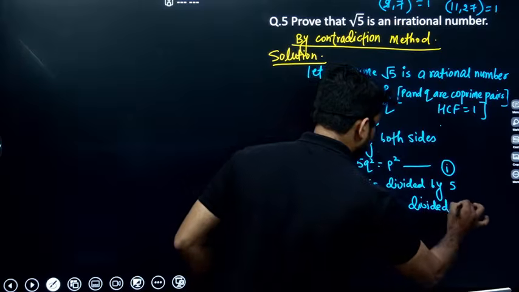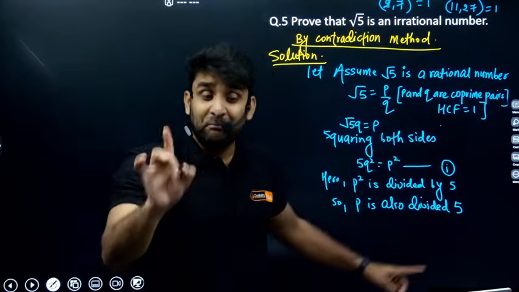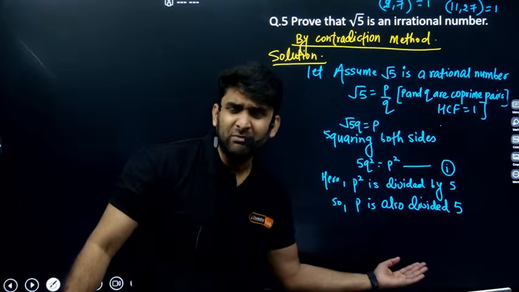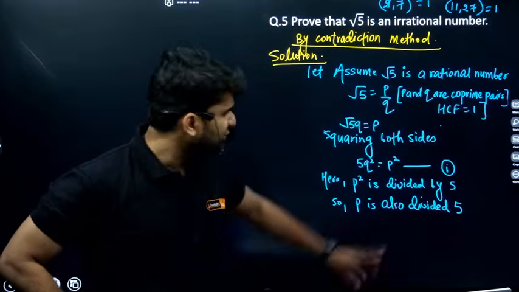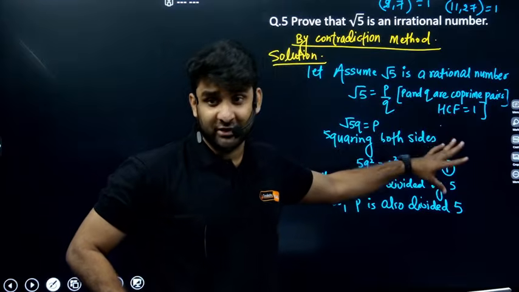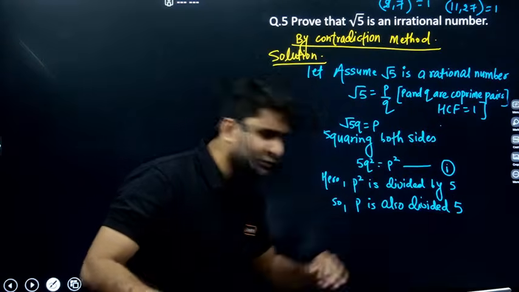It looks like this is violating our assumption, because our assumption was P and Q are co-prime. But what are we getting? P is divided by 5. Oh my God, it is somehow violating our assumption. Our assumption was P can be divided by 1 and Q can be divided by 1. Let's have patience.